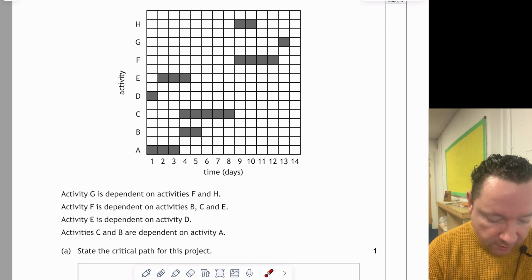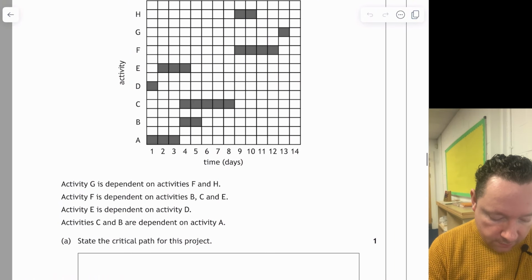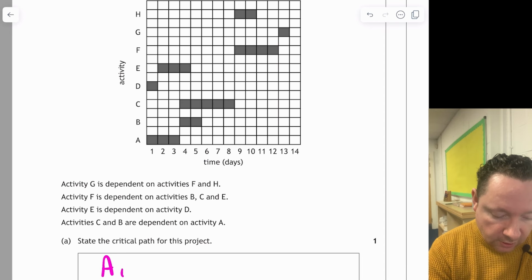So, state the critical path. If we look at here, I can't move on until after D. I need to wait until A. So I need to do A first. So A is our first thing. After A, E's already started, so it's not that.